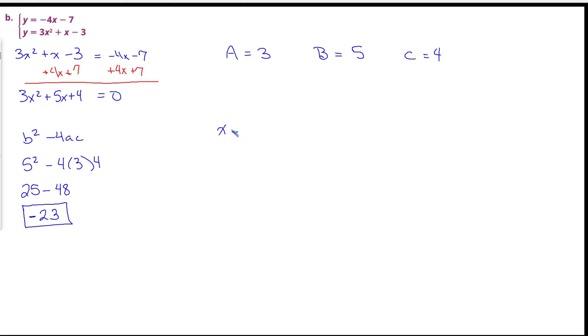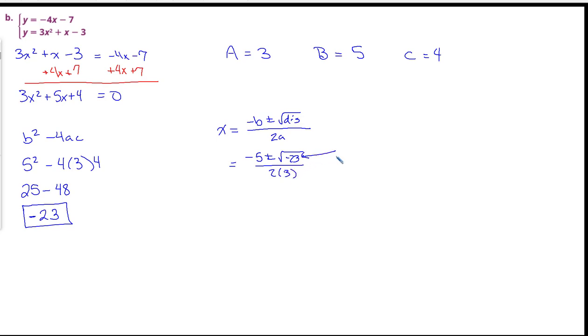That's going to go under our square root, so let's plug it into the quadratic formula. Negative b plus or minus the square root of our discriminant over 2a. Opposite of b is negative 5 plus or minus the square root of negative 23 over 2a, and a was the 3.